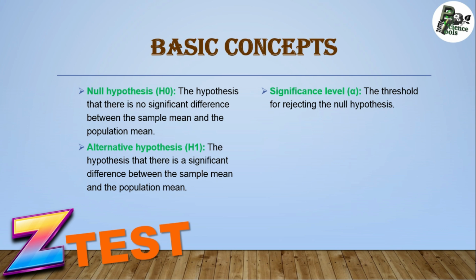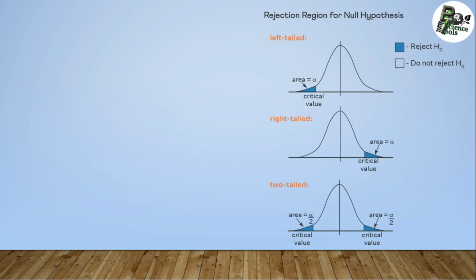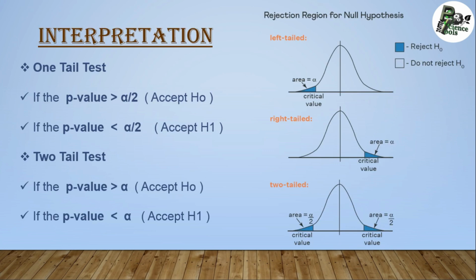The next one is the significance level: the threshold for rejecting the null hypothesis. The next one is the p-value: the probability of obtaining a test statistic as extreme as or more extreme than the observed value, assuming the null hypothesis is true.